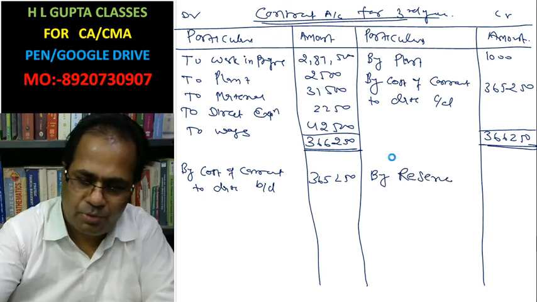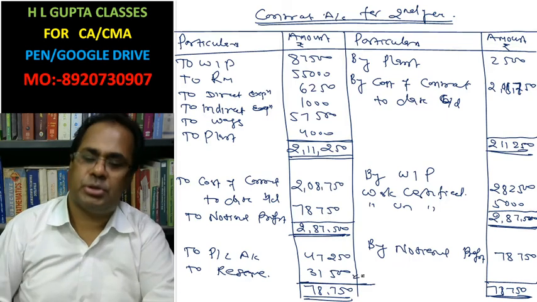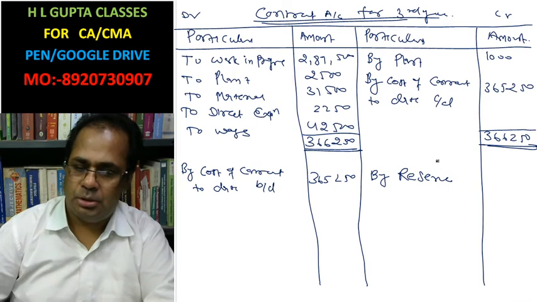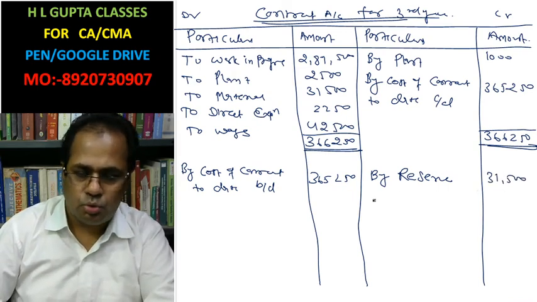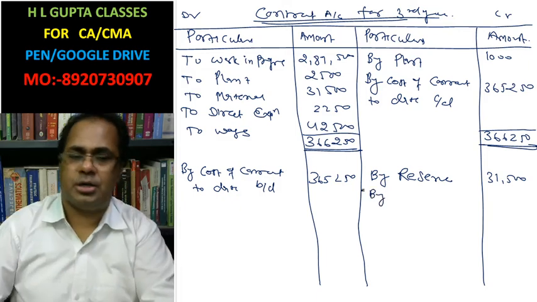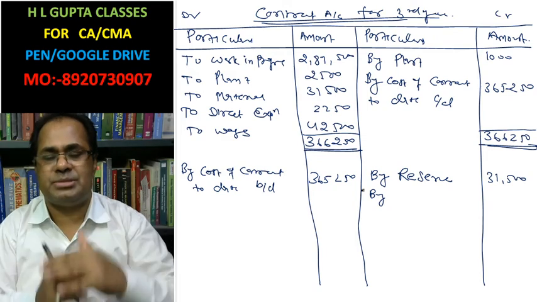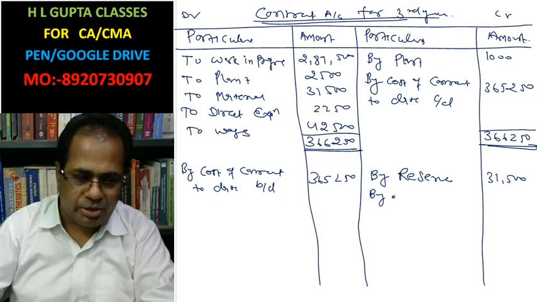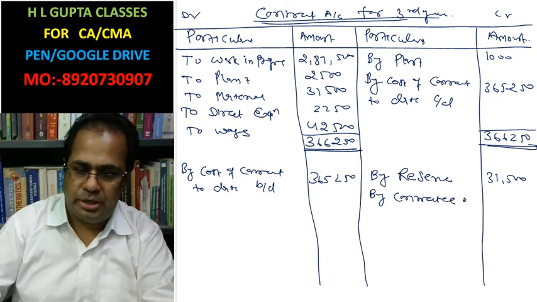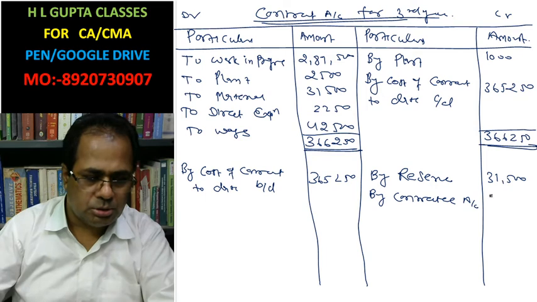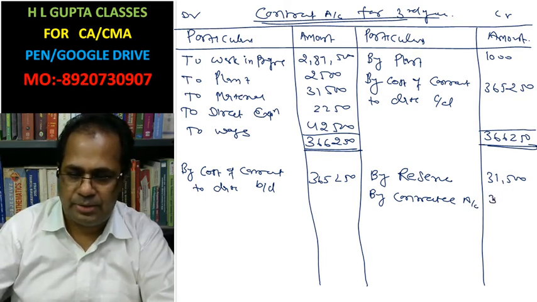By reserve: what was the reserve in first, second, third year? 31,500. You write here 31,500. By contractee account, the whole amount will be paid by the contractee because all the work has been completed, that is 3,75,000.